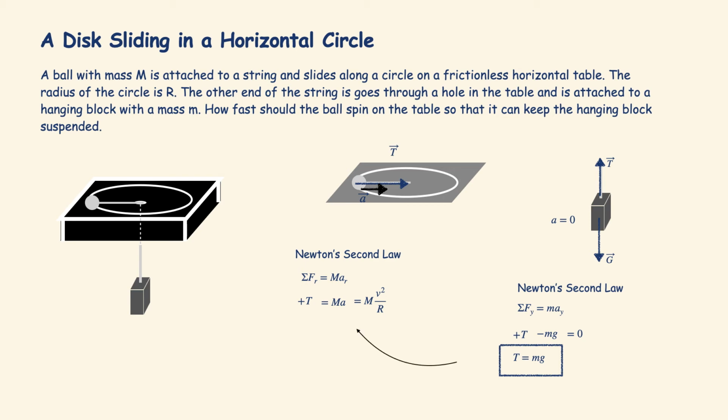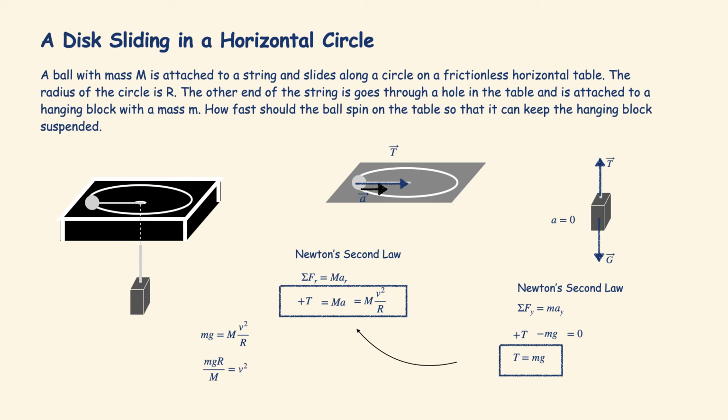So I can take this result and use it here for the previous equation, which will give me that the little mg, that's the mass of the hanging block times the gravitational acceleration, has to be equal to the big M, which is the mass of the ball, times its speed squared, v squared, divided by the radius of the circle r.